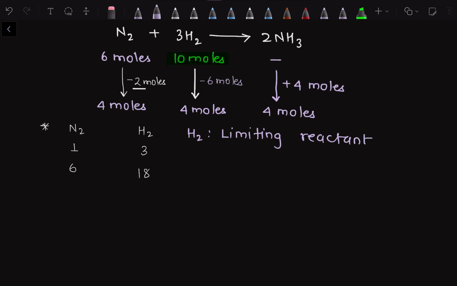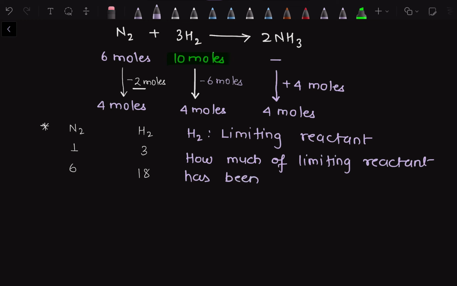Alright, so as we discussed, if the limiting reactant has been consumed completely, then it will be 100% progress of the reaction. So here we will see how much of the limiting reactant has been consumed so far, and this will give us the progress of the reaction.